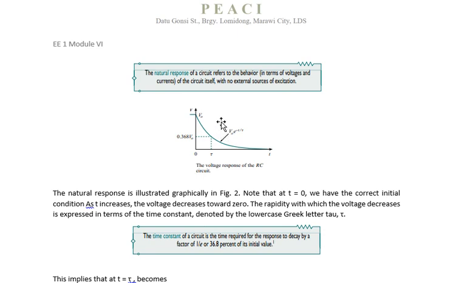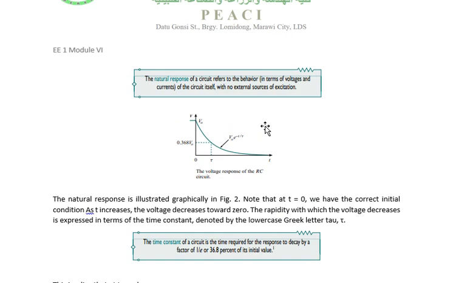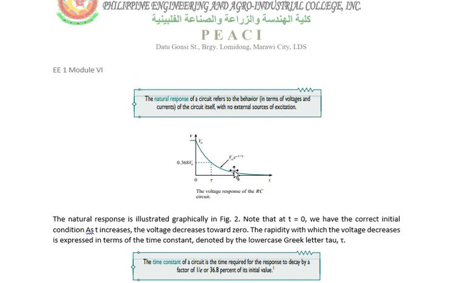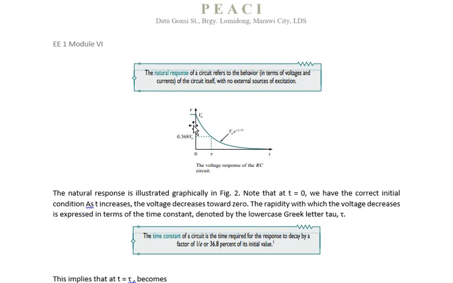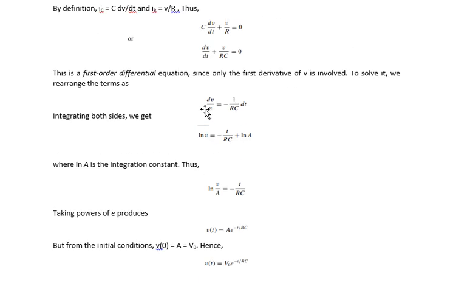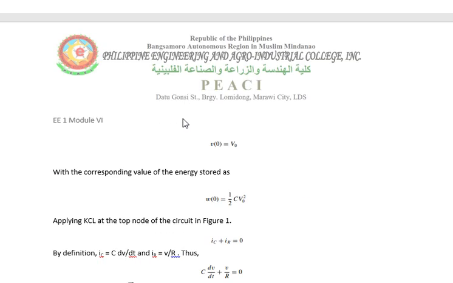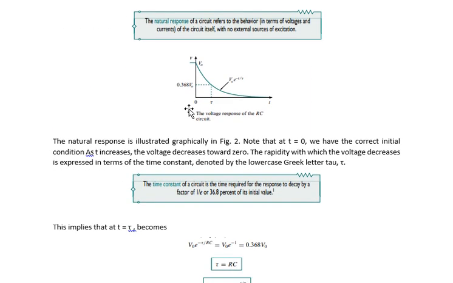Okay, so natural response. For a linear circuit, a combination of RC or RL circuit, it has a response of this kind of graph.